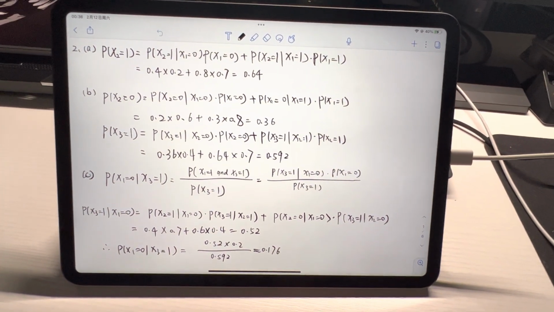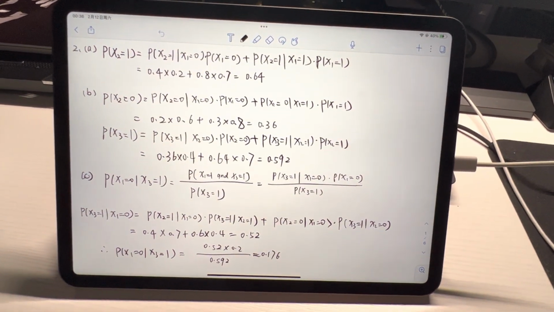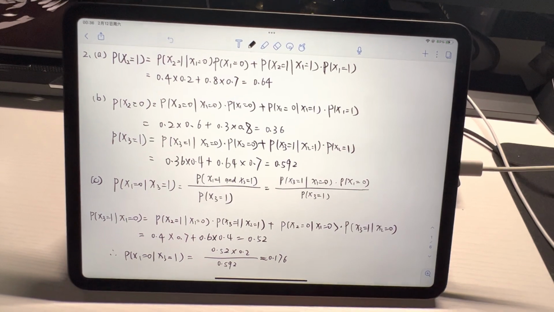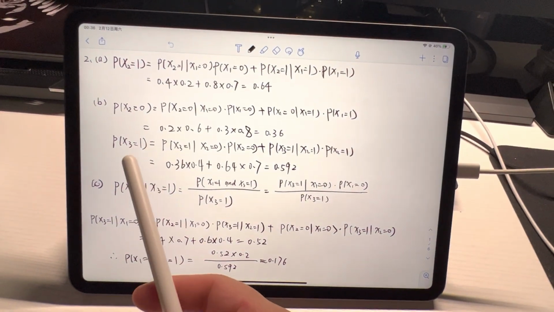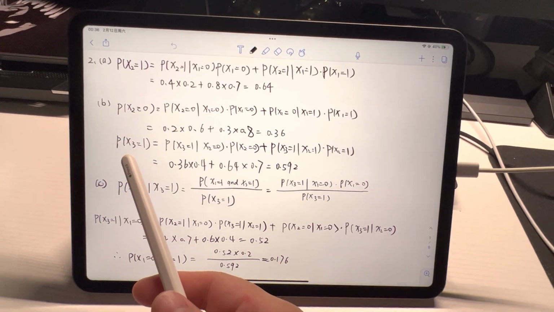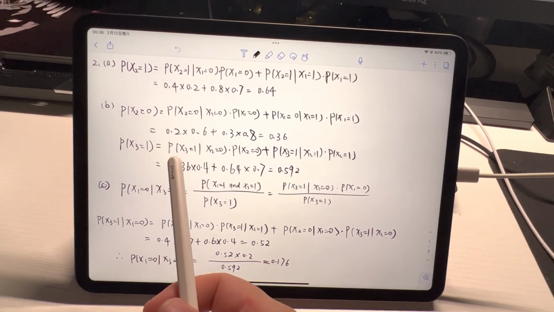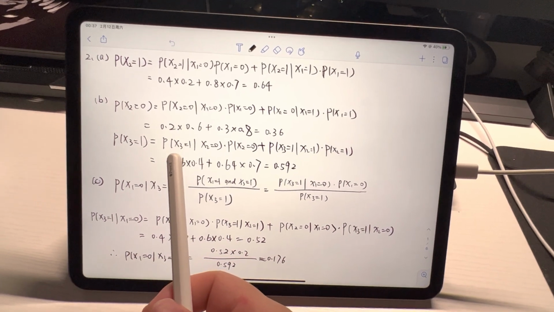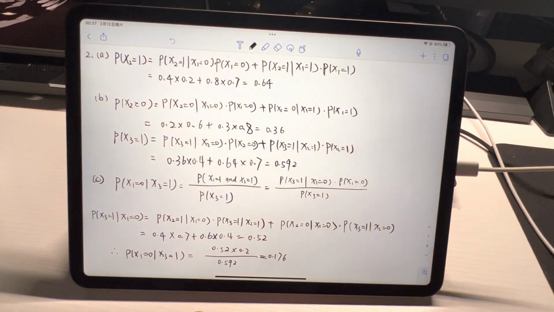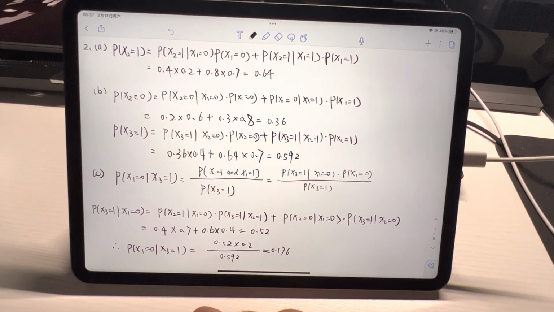We use the same method and the result is 0.36. And then we use the same method to calculate the probability that X3 = 1. It's also the formula of total probability. Then the answer is 0.592.